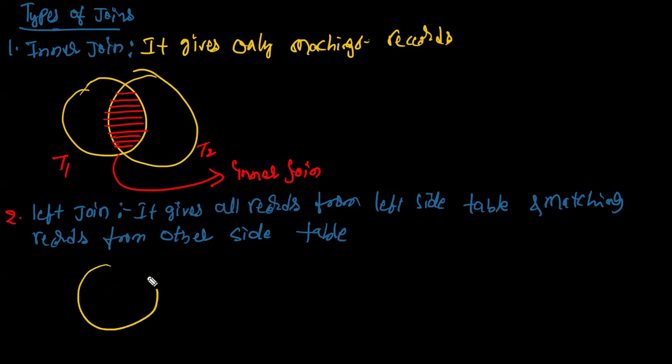So here also I'm going to have a Venn diagram, something like this. This is table 1 and this is table 2.